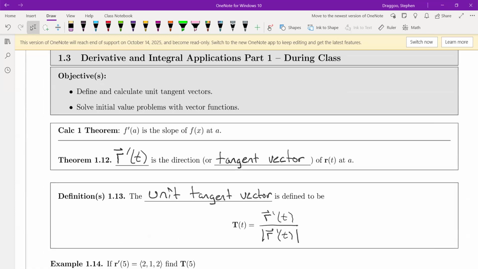But all right, another application of derivatives to vectors. If I've got my vector function r and I take its derivative, that r prime vector is going to be the direction, or the tangent vector, of r at a.